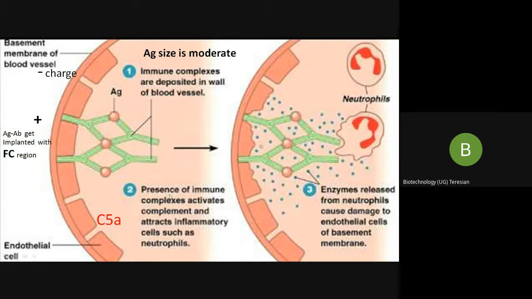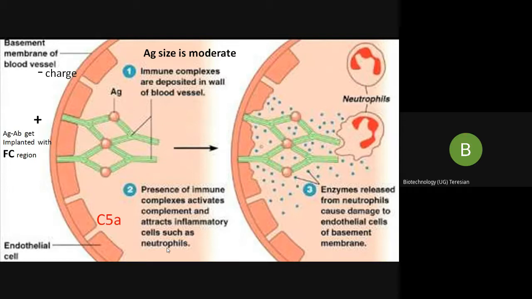So next, what happens? The presence of these immune complexes activates the complement and attracts inflammatory cells such as the neutrophils. Your complement proteins get activated and start a cascade of reactions, and they form the membrane attack complex.